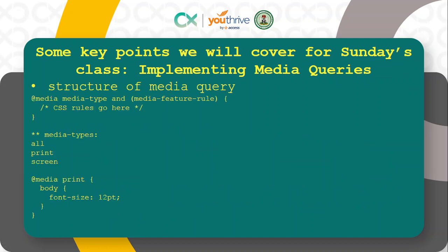Now, the structure of a media query looks like this. You use the @ sign, say media, and the next is the media type. In here now, the media type is what? Print. So you can have so many media types, at least 3 here: all, print and screen. But we'll be using screen for this. But you can play around using print.